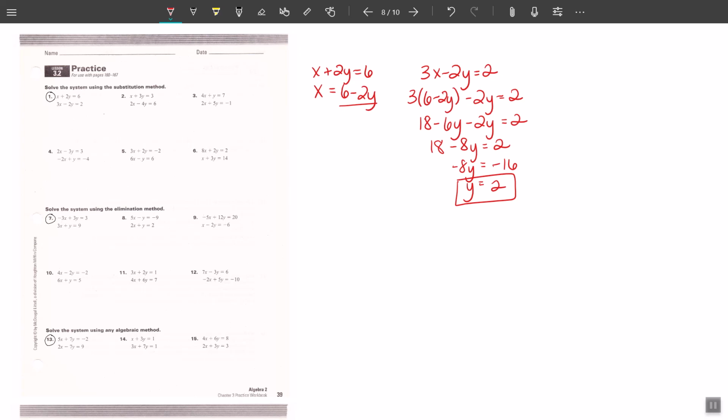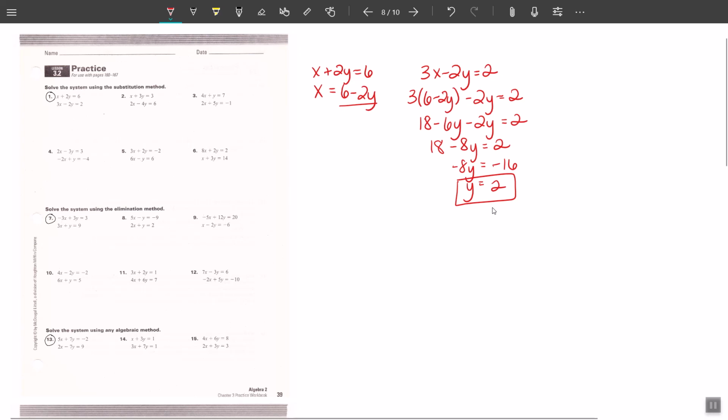We need to get our x as well, though, because we want the actual solution. When they say solve the system, they mean where, if these two equations are crossing when you graph them, where are they crossing? We can't just give a y coordinate. We need to also give an x. So I'm going to take that y of 2, pick one of the original equations, and plug that y back in.